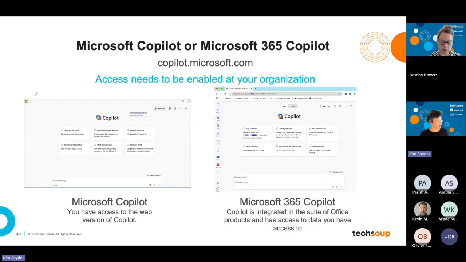So this is Microsoft Copilot. Then, I don't know if you remember at the very beginning when I was showing the different subscription levels, there also is a paid version of Microsoft Copilot that is more integrated into your suite of Office applications like Excel, Word, PowerPoint, etc. It has access to all the data that you have access to.